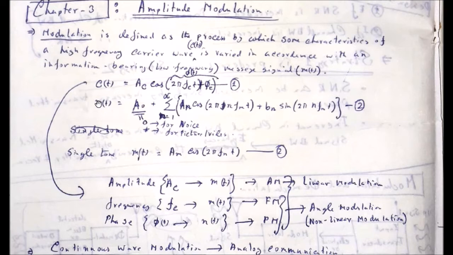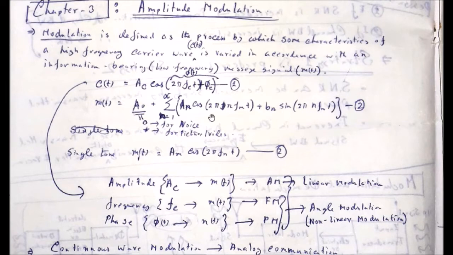For analytic simplicity, if we consider this message signal to have a periodic form but complex in nature, that means a number of frequency components originate this message signal, then you can represent this message signal in the form of a Fourier series.